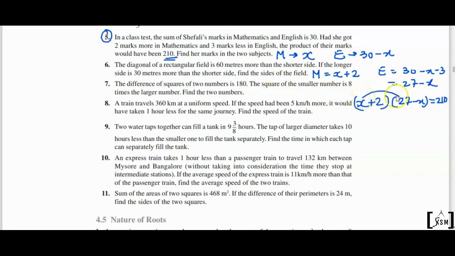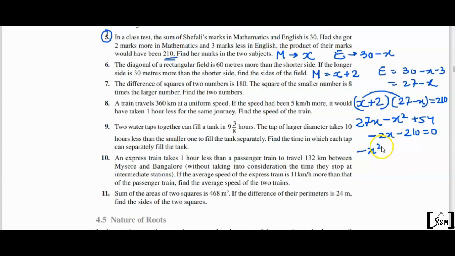Basic multiplication. So 27x minus x square plus 54 minus 2x. We bring 210 to the left side, so minus 210 equal to 0. Okay, let's simplify that.